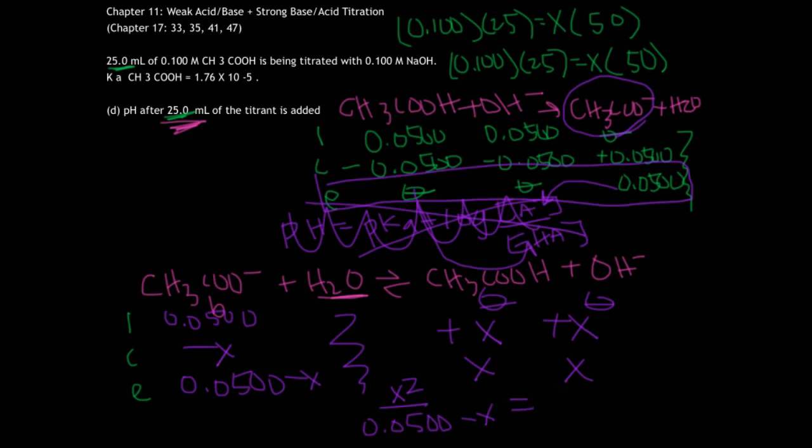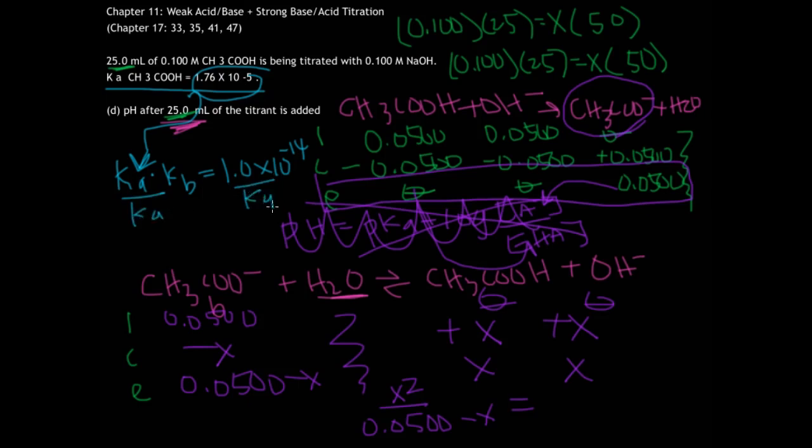So this is what I showed you in class. This guy is a base. So when you set up this expression, it needs to be for a base. Ka is what was given. So right over here, if you look up this fancy equation, this is a way to convert at any moment between a Ka and a Kb. So plug your Ka in right here. Rearrange, divide both sides by Ka.